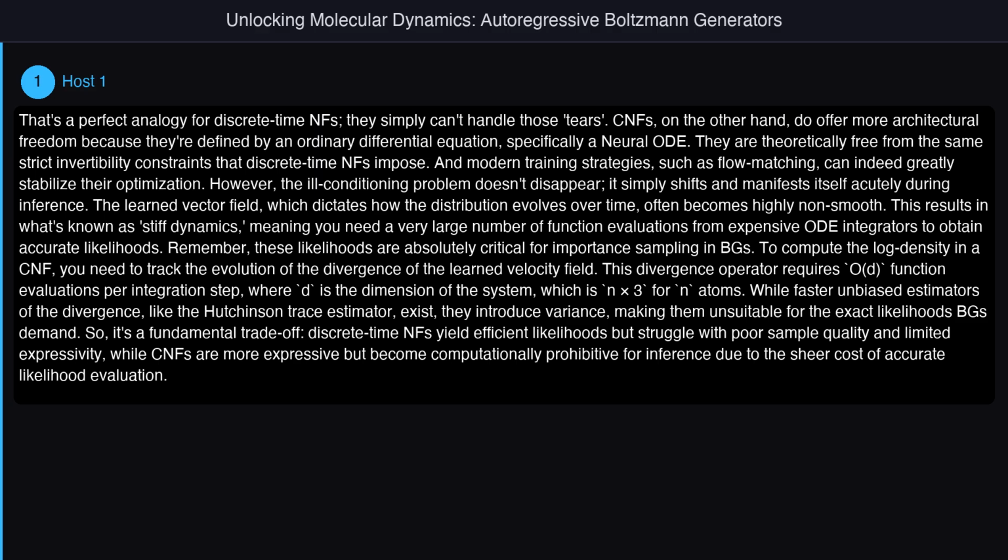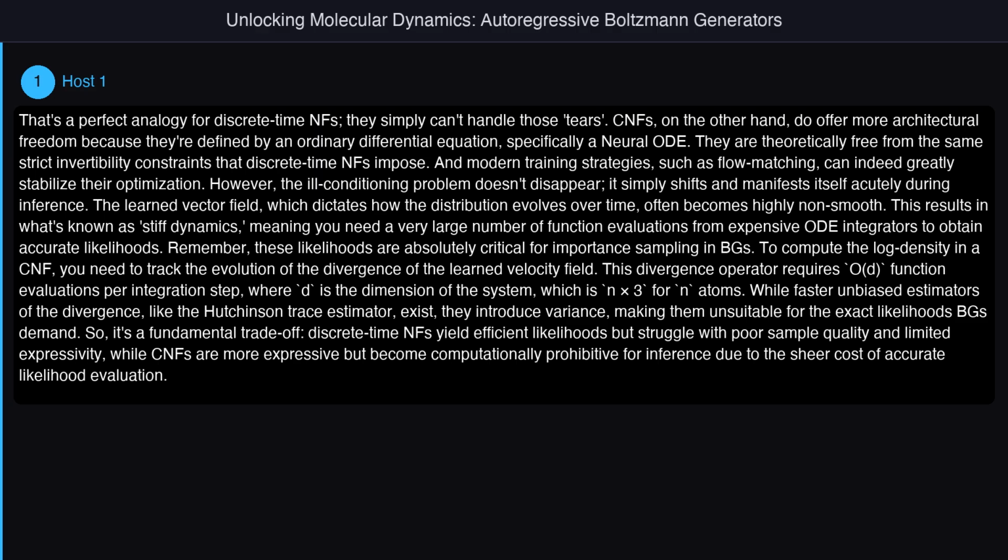To compute the log density in a CNF, you need to track the evolution of the divergence of the learned velocity field. This divergence operator requires O(d) function evaluations per integration step, where d is the dimension of the system, which is n times 3 for n atoms.